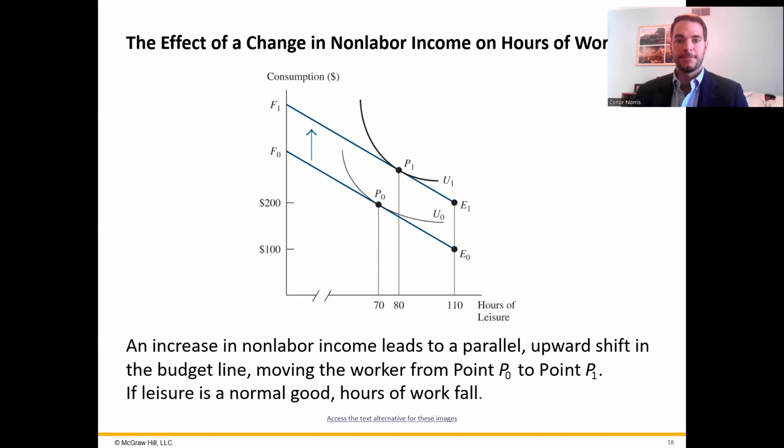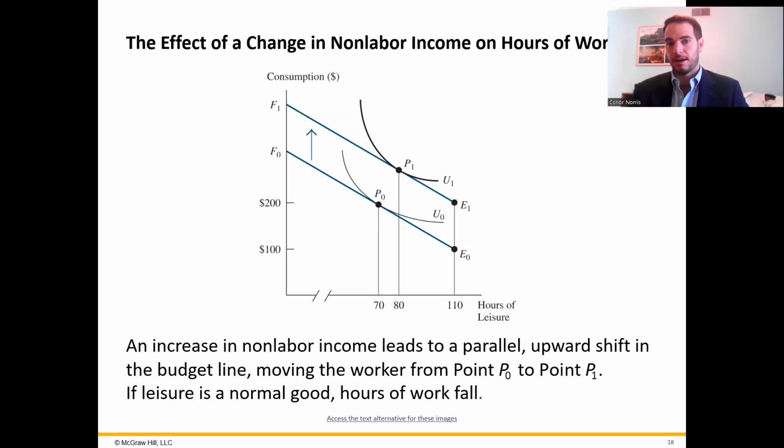But what happens after the increase in non-labor income? As they move the budget line up from E0 to E1, that allows them to move out to a farther indifference curve. So they'll get more utility from their consumption leisure decision. In this case, they're going to choose point P1, which is, again, that tangent point between the budget line and the indifference curve.